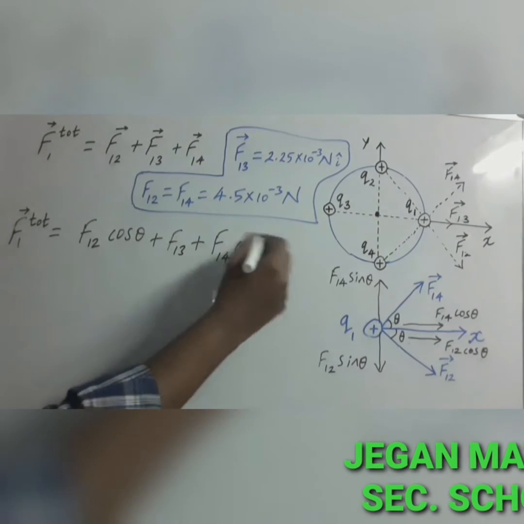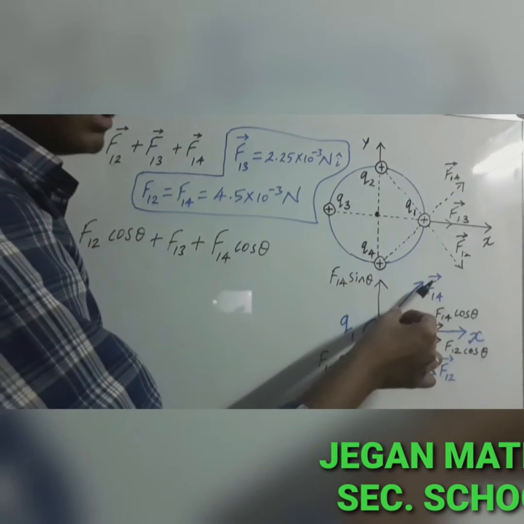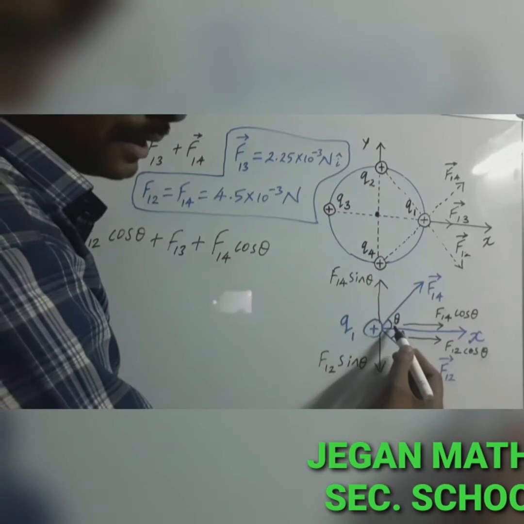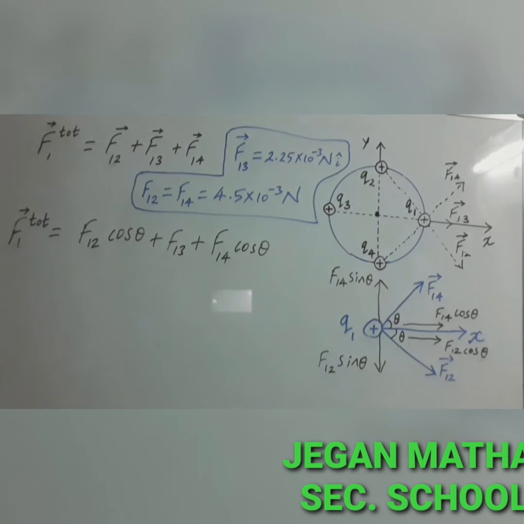So we are going to take only the cos component. Here we have to apply the value of theta. From the diagram you can understand it is equal to 45 degree. So here you can apply cos 45.